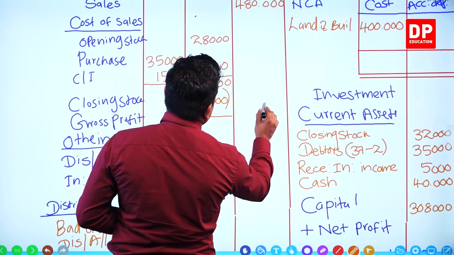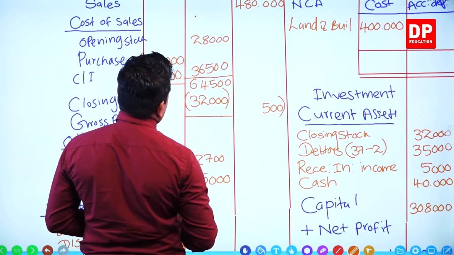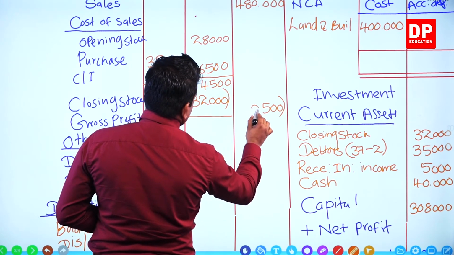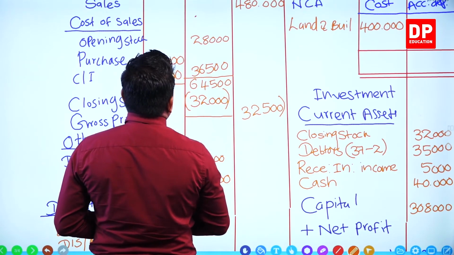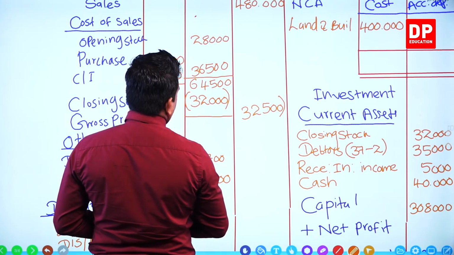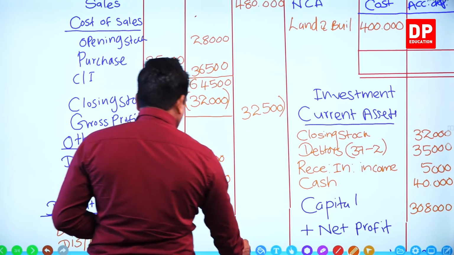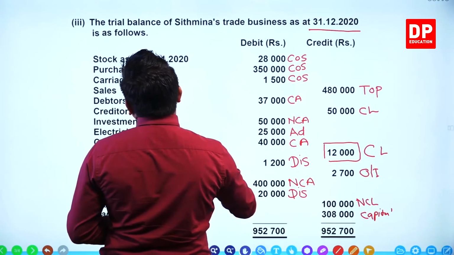Here 500, put in the brackets, 32,500. Is it correct or wrong? No, I want to check it here. You check again how much the purchase is.